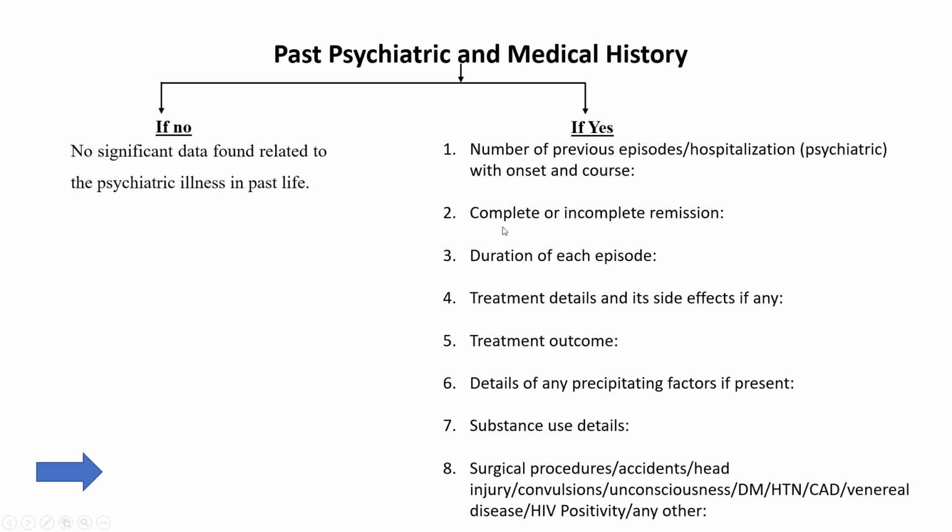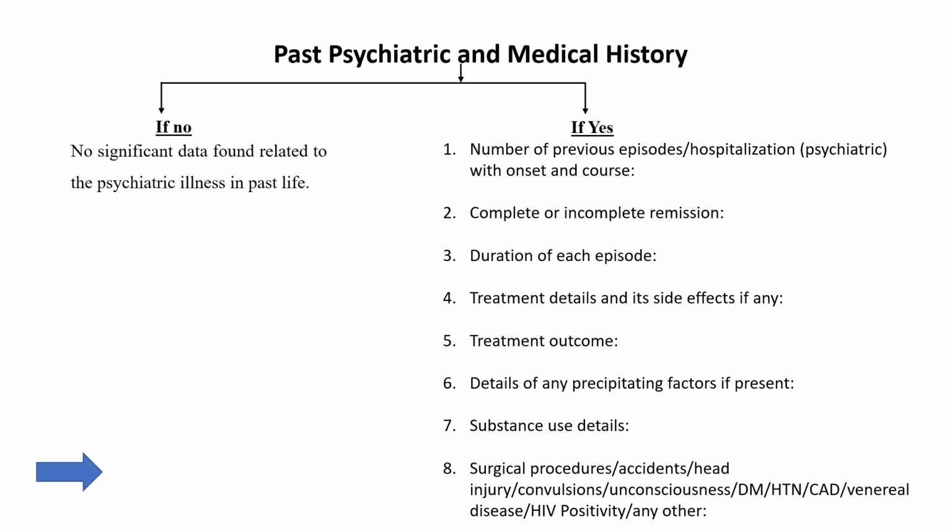If he became completely normal after that, then it is complete remission. But suppose he had 5 or 6 symptoms of psychiatric problem, and at the end of his treatment he became normal, but sometimes he still gets irritated. If the person is telling like that, then you can understand that is incomplete remission. Every time some others will tell he used to take the drug once weekly.